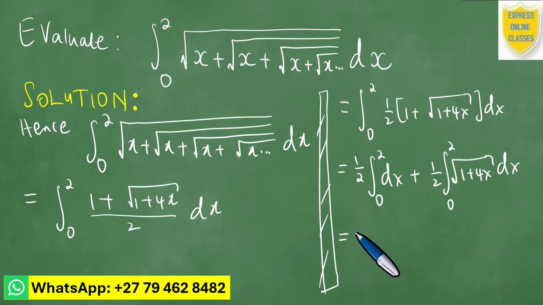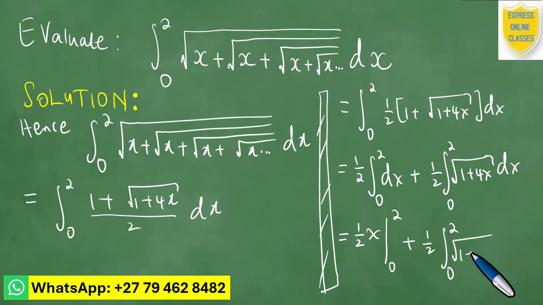And so we continue with our evaluation. So we're going to integrate this one first from 0 to 2, plus 1/2 the integral from 0 to 2 of the radical of 1 plus 4x with respect to x.